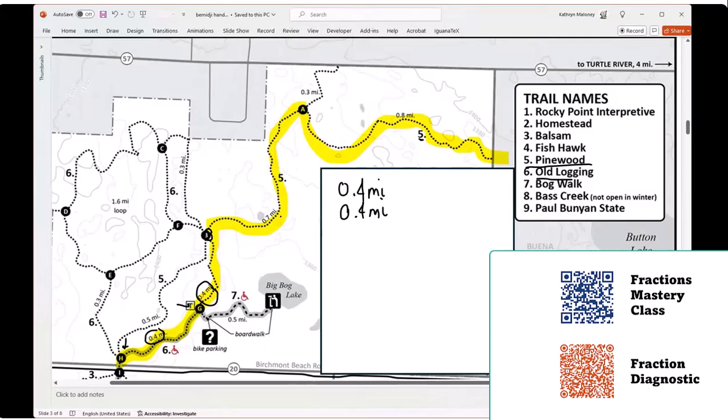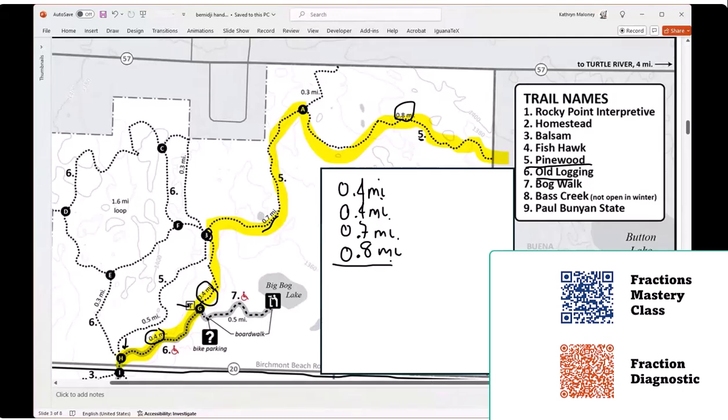Okay. Then we're going to walk 0.7 miles. All right. And then we get to A, and then we're going to walk 0.8 miles to get out of the state park and go into the state forest. So we're going to write 0.8 miles.